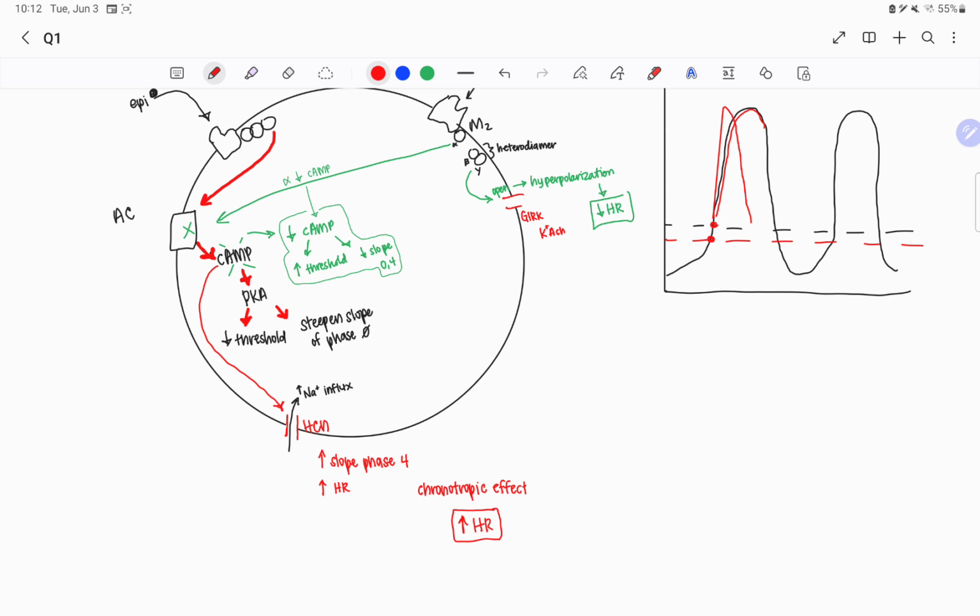So then if that happened, if our HCN channels are activated, we're going to have an increase in the slope. So the slope is going to be steeper. So again, we're going to reach threshold faster than we otherwise would, right? Which would increase our heart rate. If we're having more action potentials sooner and faster, then we're going to see an increase in heart rate, right?